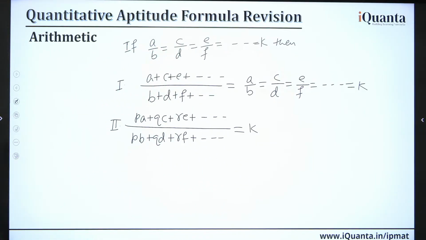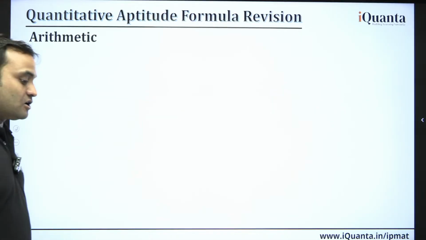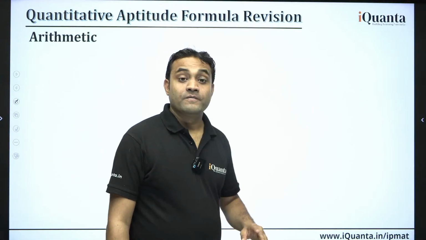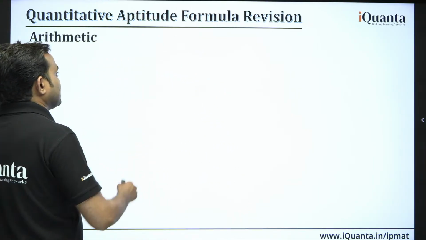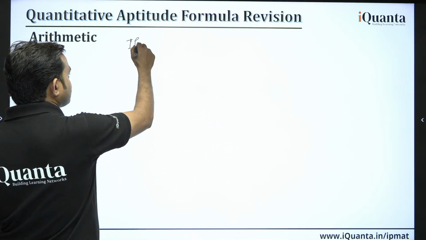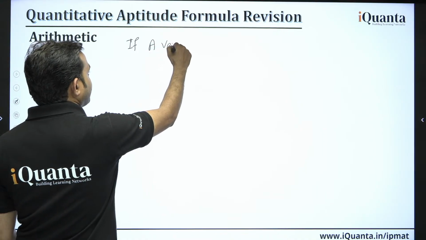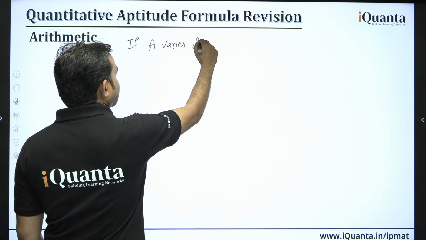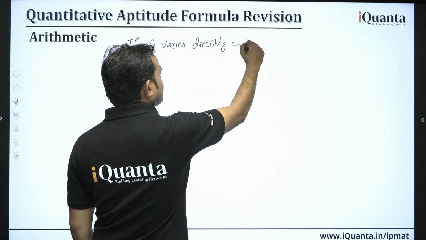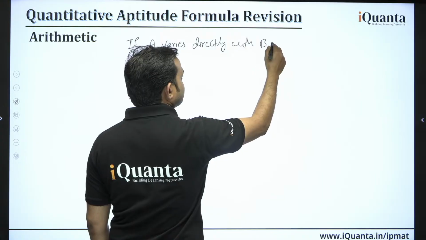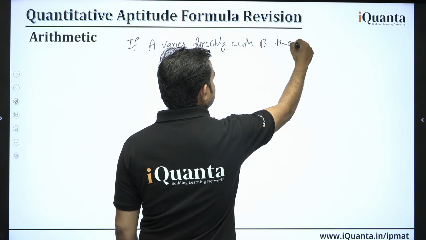Now we can learn about the variation part. What is that variation part? If A varies directly with B, then what do we say?